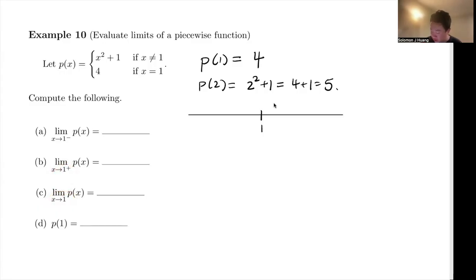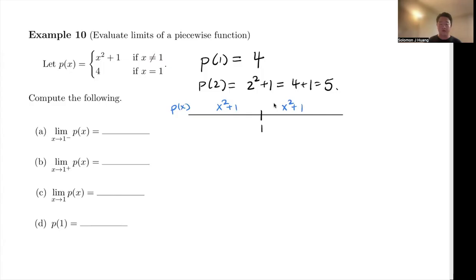On the left of 1, P of X would be X squared plus 1, because anything on the left of 1 is not equal to 1. Likewise, everything on the right of 1 is not equal to 1, therefore it would be X squared plus 1.